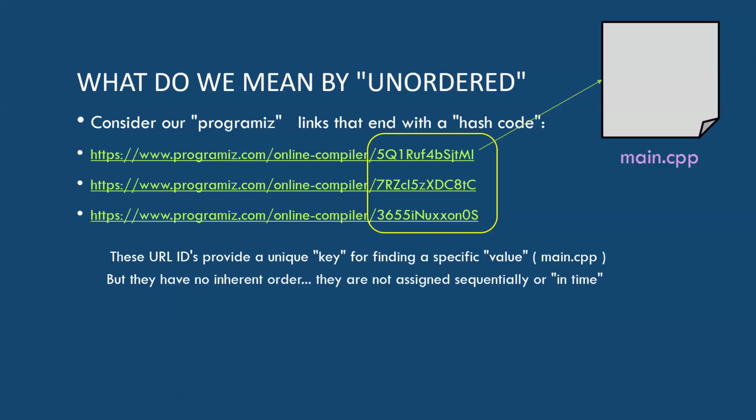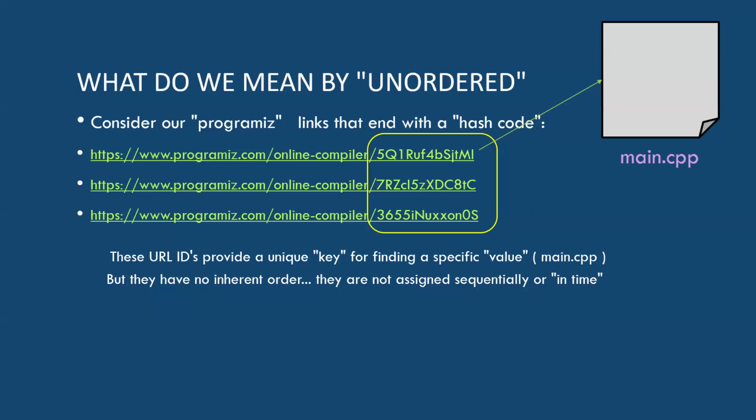So there's no real value in saying, hey, I want to list out all of the possible URLs in order, sort the keys. That wouldn't really provide us anything clear, unless maybe we were being sneaky and trying to find out who just created URLs today. If I created one, I could think, they're creating them in order, so I'll poke around at the next one and the next one.